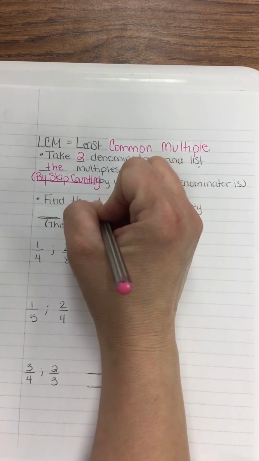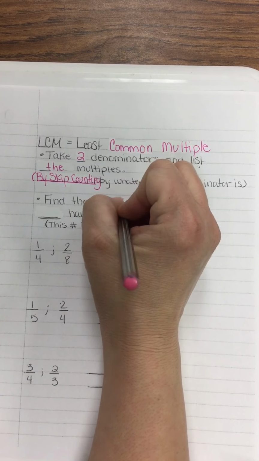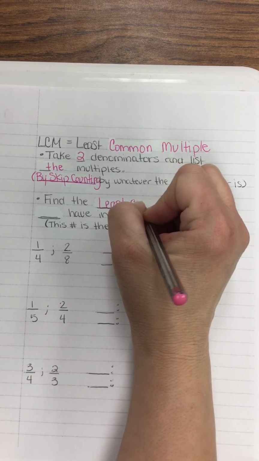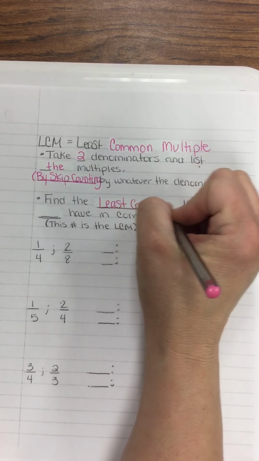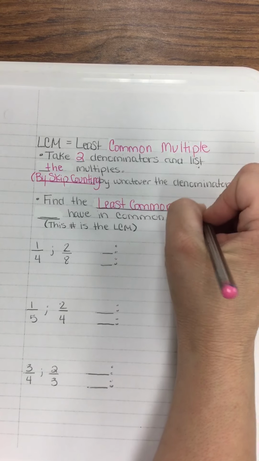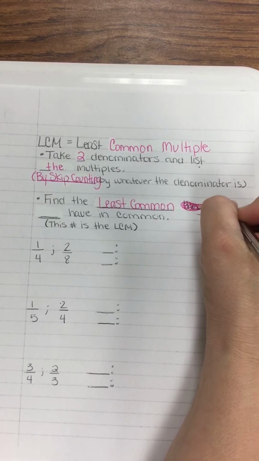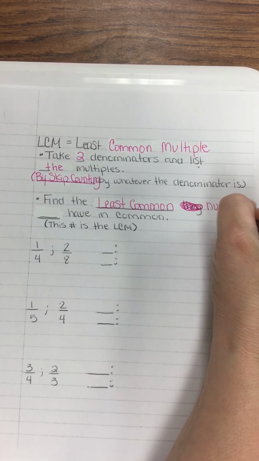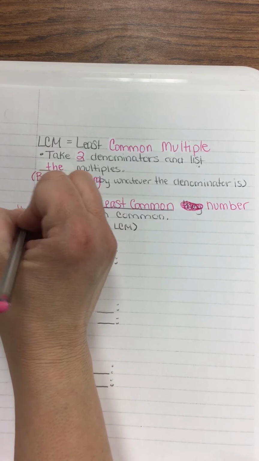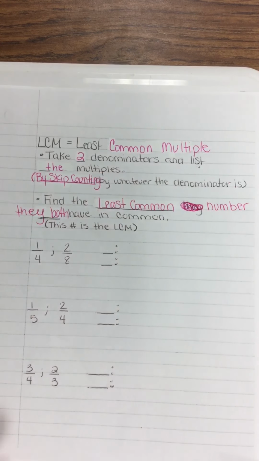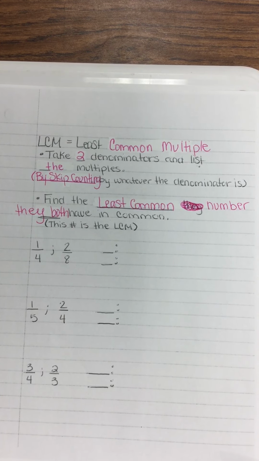Then we're going to find the least common number they both have in common.